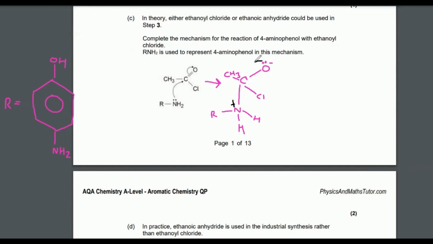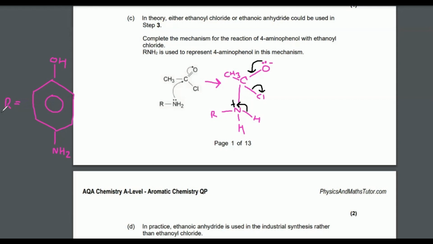Now we look up here: the oxygen is going to donate its pair of electrons back. Whenever you see the oxygen like this, when temporarily that carbonyl bond has been broken, it's going to reform. That would mean that carbon would have 5 bonds around it, and carbon can't have 5. So the chlorine has got to be sent off. The carbonyl bond that was temporarily destabilized will reform.